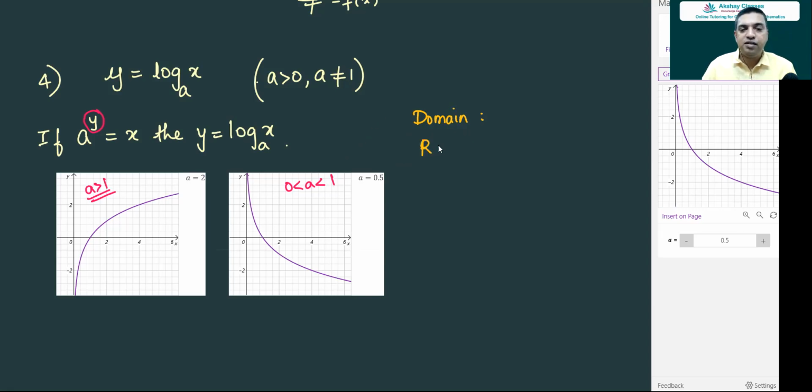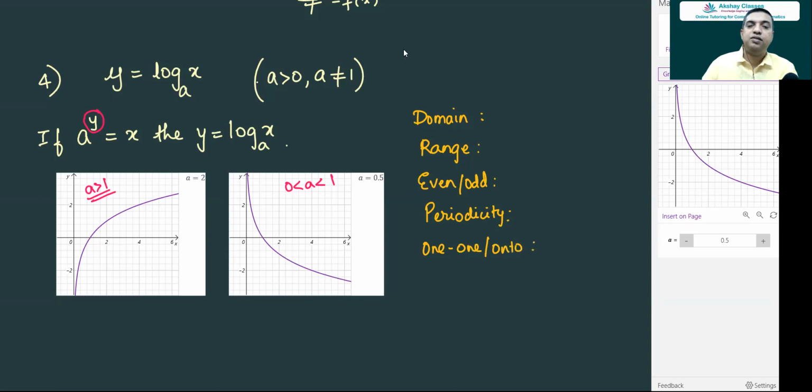So tell me the domain, range, even or odd, then periodicity, then whether it is one-one or onto. First you tell me the domain, then only I'll write this. What is the domain?